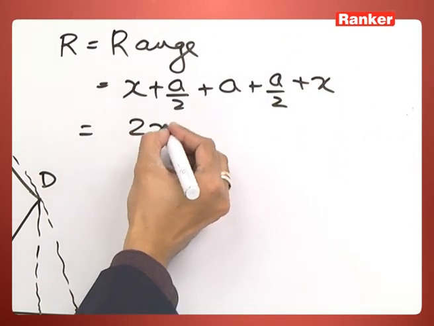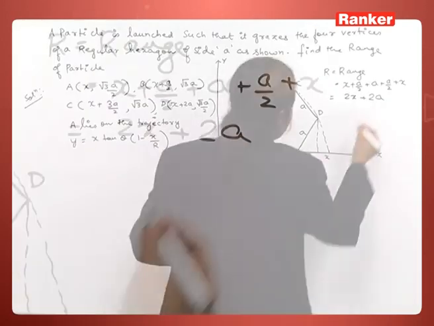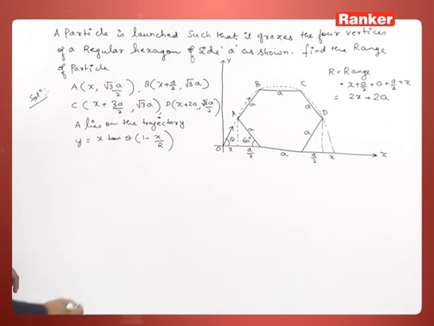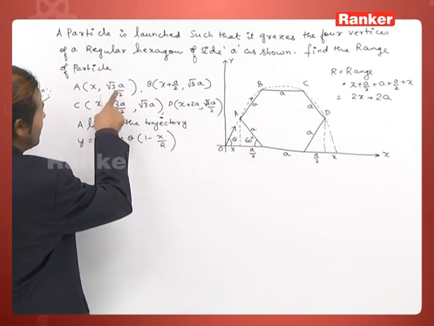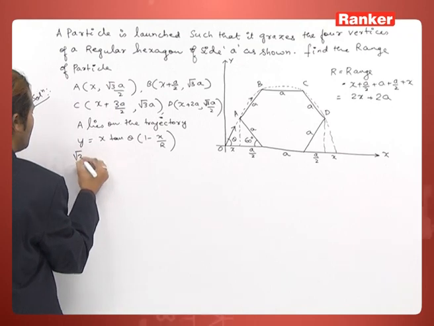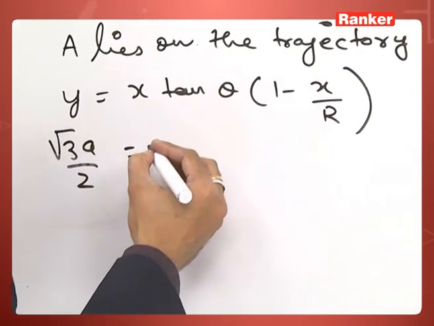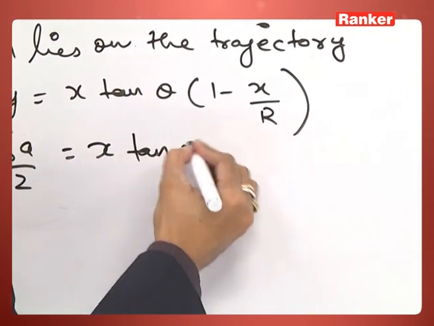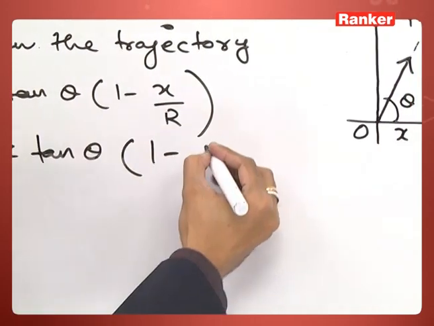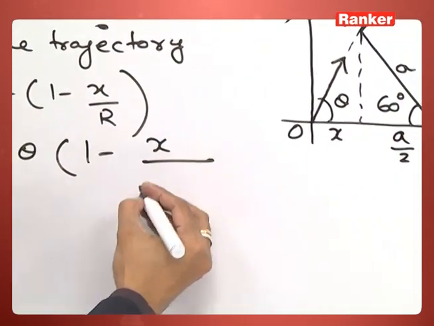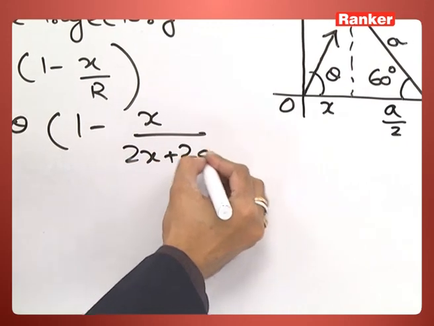So this is 2x plus 2a. So y coordinate is root 3a by 2, x is x, tan theta, keep it like this, 1 minus x, again x, divided by range 2x plus 2a.